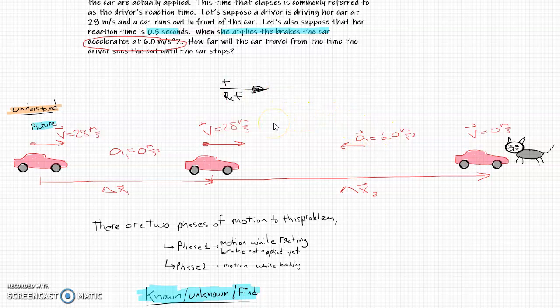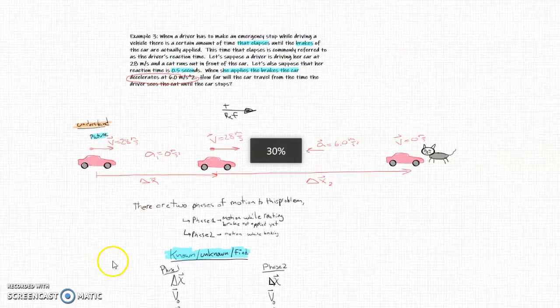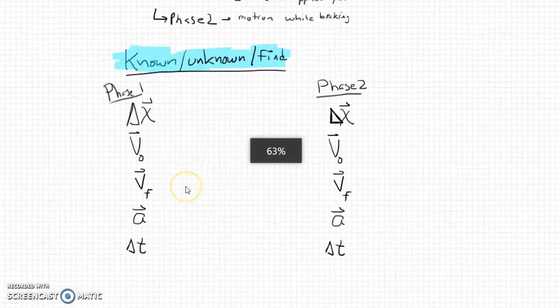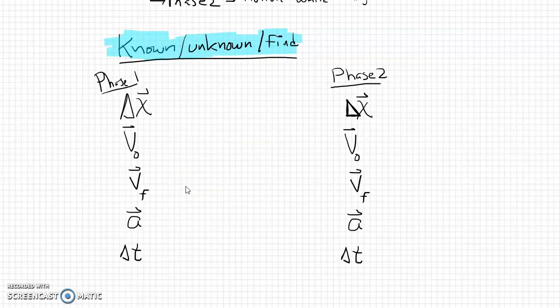So I'm going to go down and we're going to summarize what we know in these two phases. For phase number 1, our initial velocity is, I think it was 28 meters per second, and that was in a positive direction.